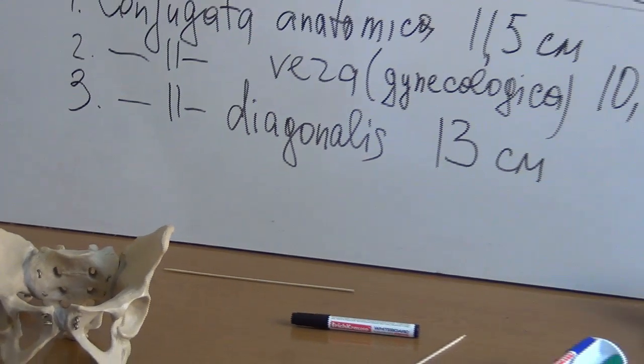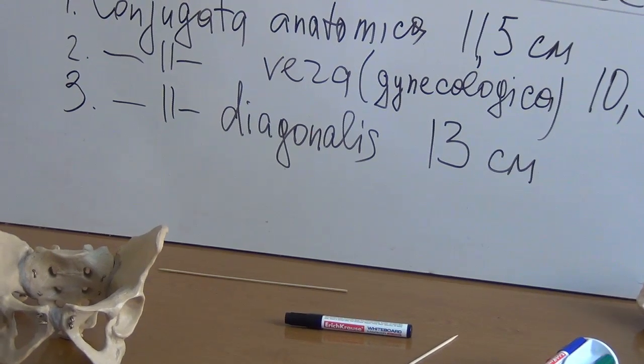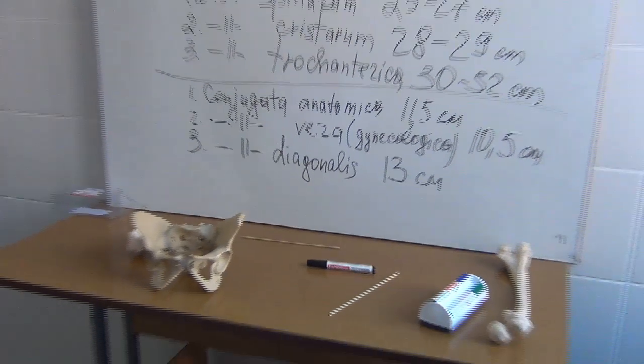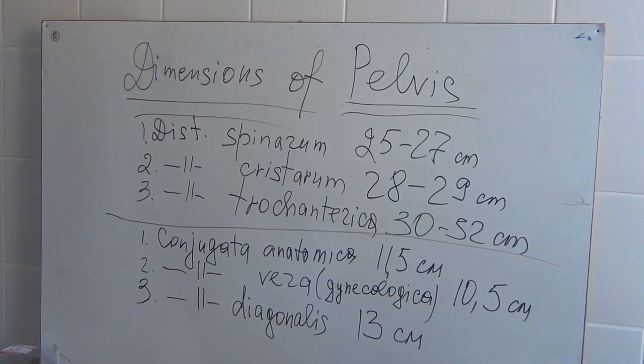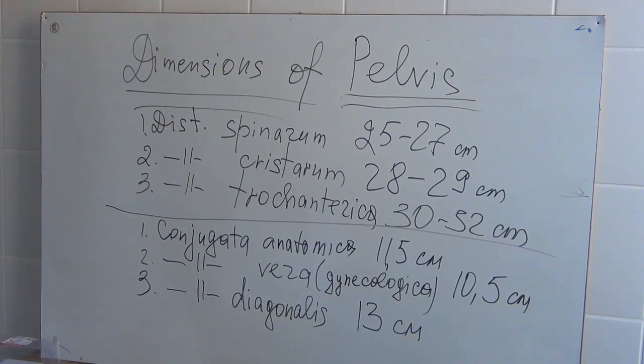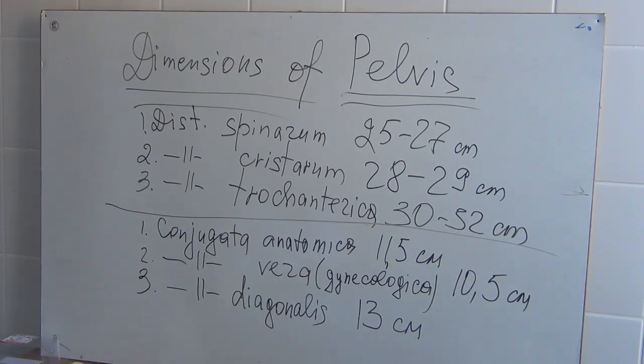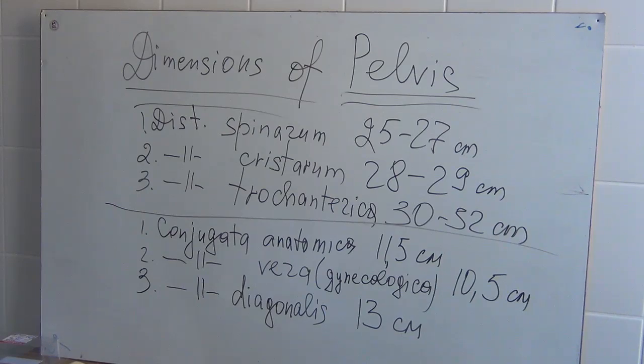Surely there is a question. All women are different in size, in length of the body, in the constitution, and you can see that the differences between these dimensions are not large. 25, 27, 28 to 29, 30, 32, and conjugates without any differences.